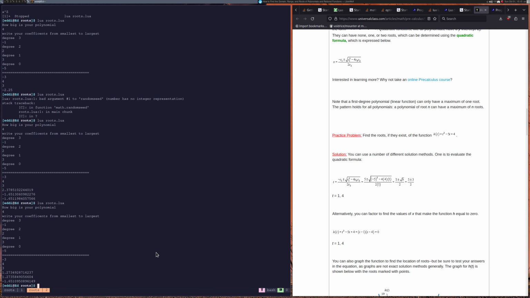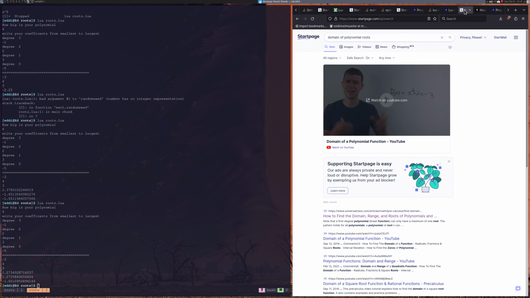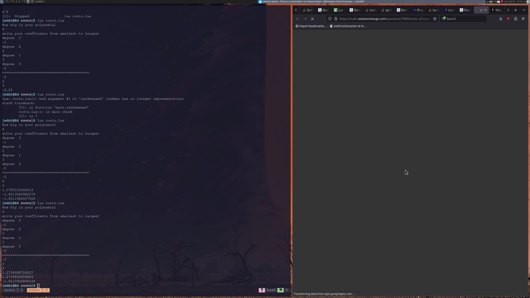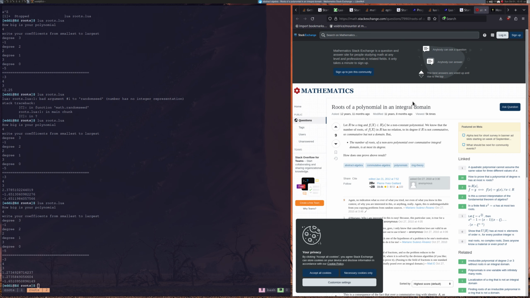I'm happy with this for now. Keep in mind. Roots of a polynomial in an integer, let R be a ring.